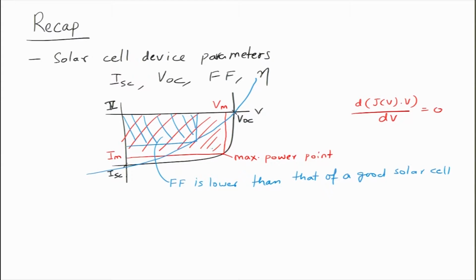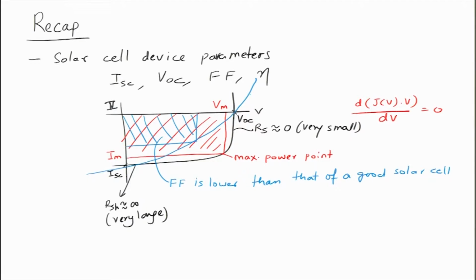You can see that the area of this red rectangle is bigger than the area of the smaller rectangle, and this is for approximately the same VOC and ISC, and this is manifested in fill factor. So, you can see that for the black one, the series resistance is nearly equal to 0, whereas the shunt resistance is nearly equal to infinity, so basically very large, and this is very small.